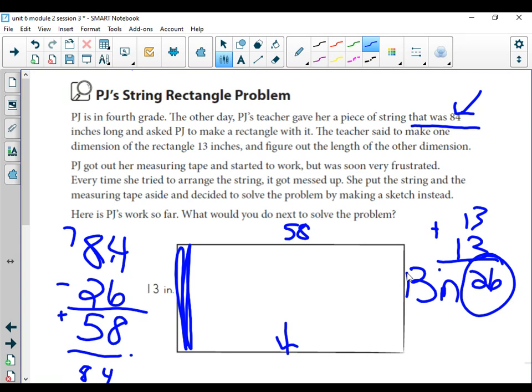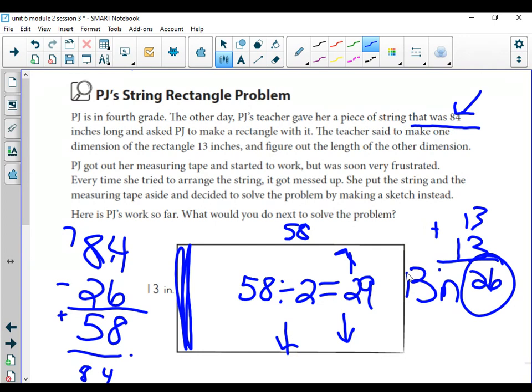When we do that, 58 divided by 2 will tell us what this measures and what this measures, giving us a total of 84. So half of 58: 25, and then we still need 8 more. It's going to be 29.